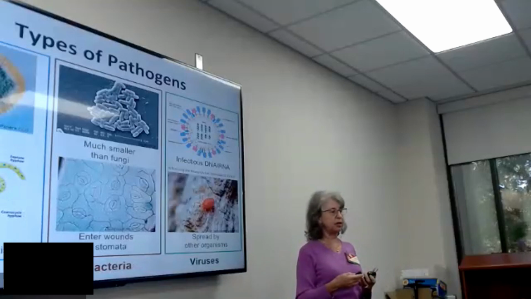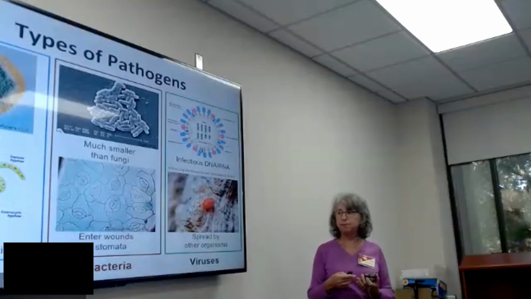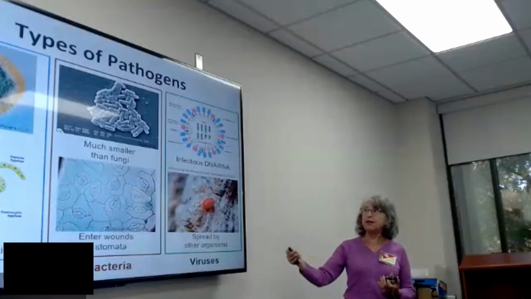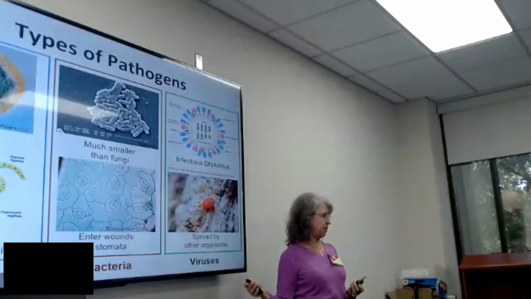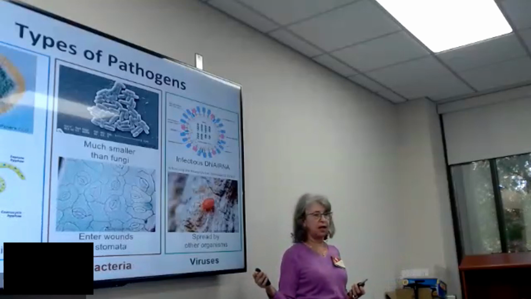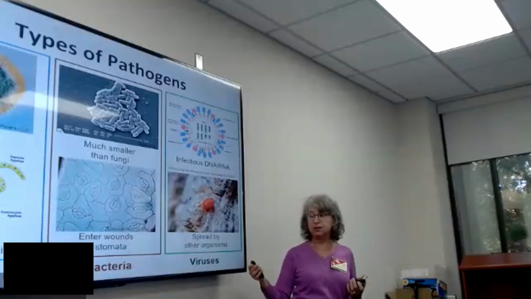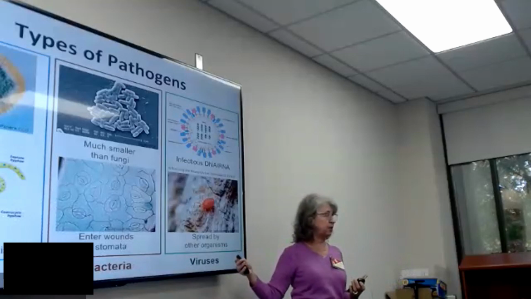You can see bacteria. And viruses are so small that even with a compound microscope, they cannot be seen. You have to have a special electron microscope to see viruses. And I don't know what the magnification is, but it's a lot. They're just really, really small.